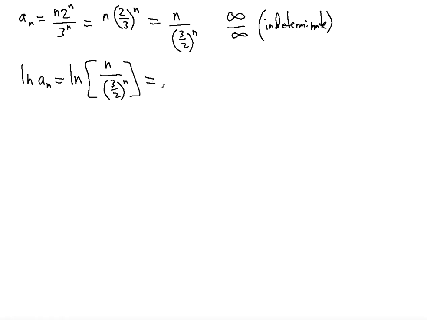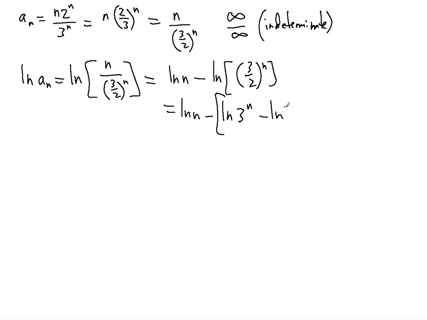Using the properties of logarithms, that gives us ln n minus ln (3/2)^n, and further ln n minus ln 3^n minus ln 2^n. Now, using the other properties of the natural logarithm, well, any logarithm, we know that the power n can be brought up in front of ln 3.